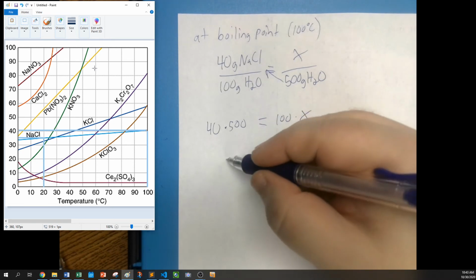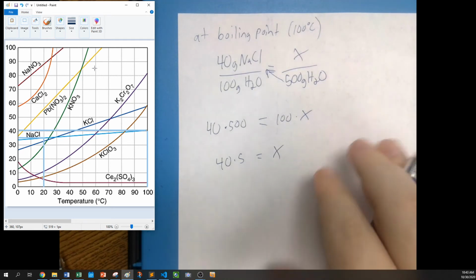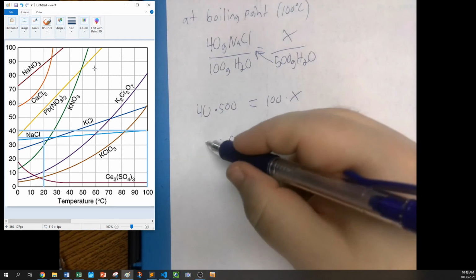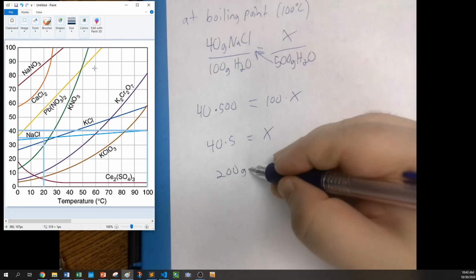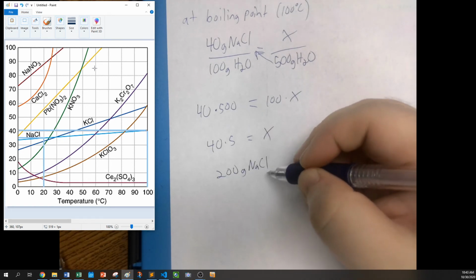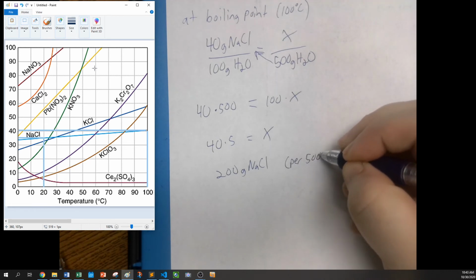Divide both sides by 100, that would be 40 times 5 equals x. That's 200 grams of sodium chloride per 500 grams of water.